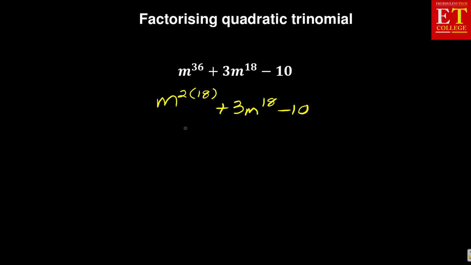So in this case, I can even write it like this: m18 with a 2 on the other side, plus 3m18 minus a 10.